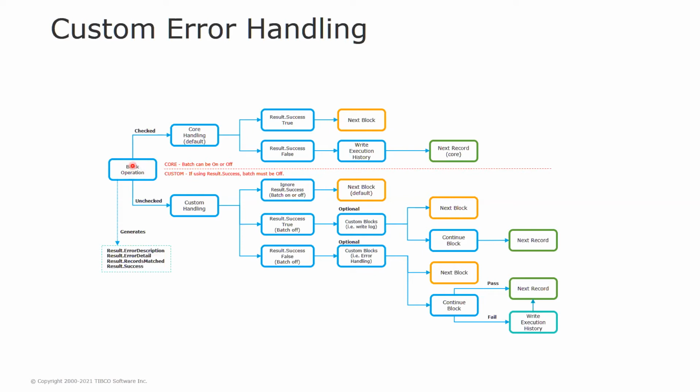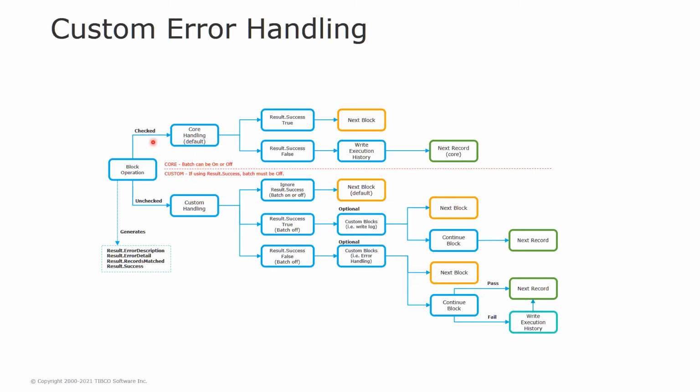Everything above this red line is the default. Every time you add a block to your map, you end up with error handling checked, and this is the default error handling that you always get. Unless you're going to do something custom, 99 out of 100 times, you're probably okay using the default error handling. But what happens?